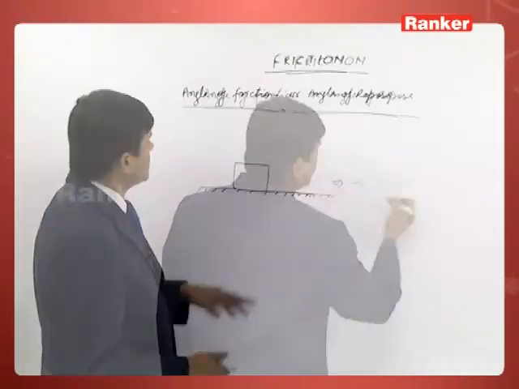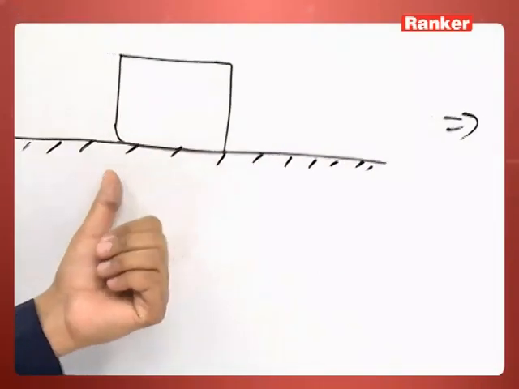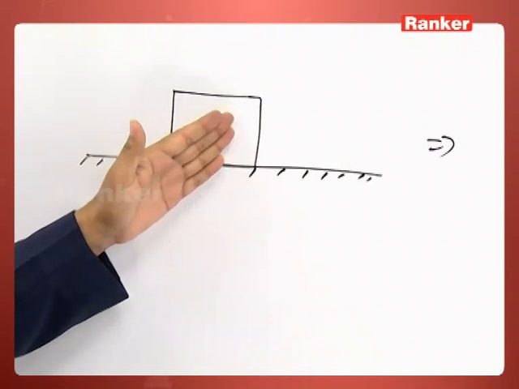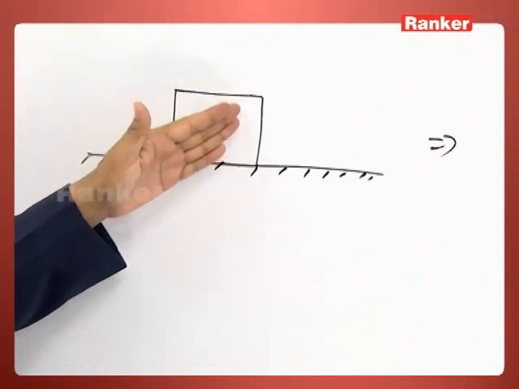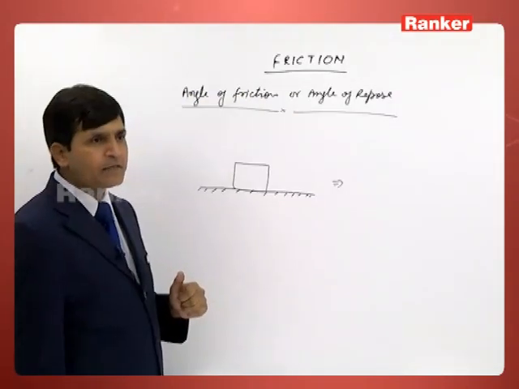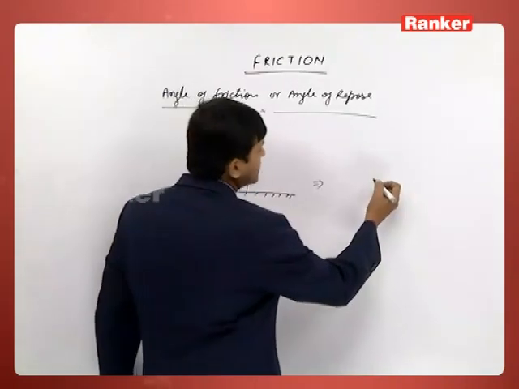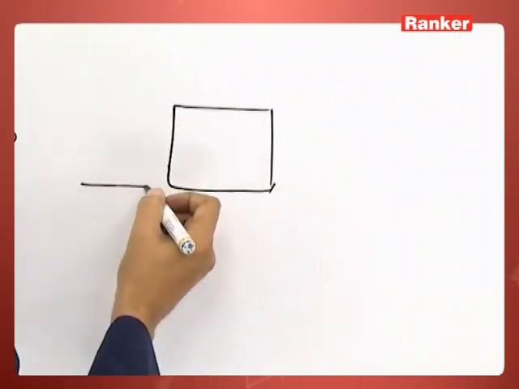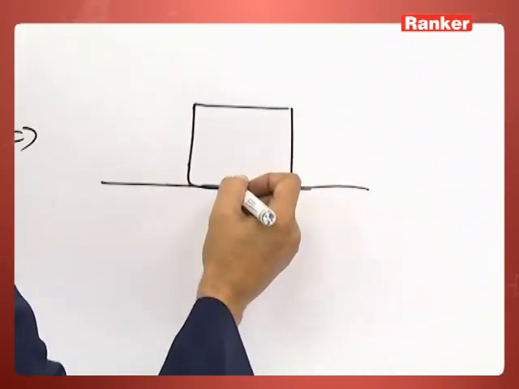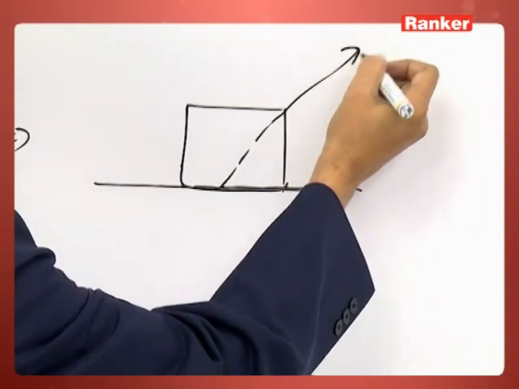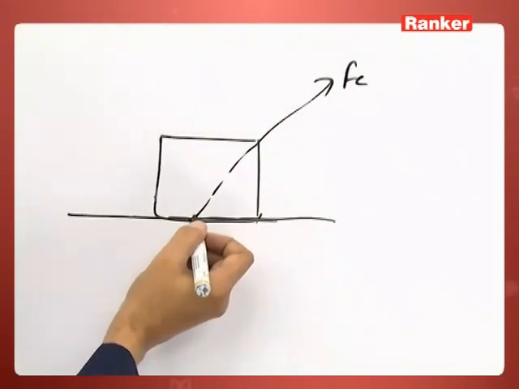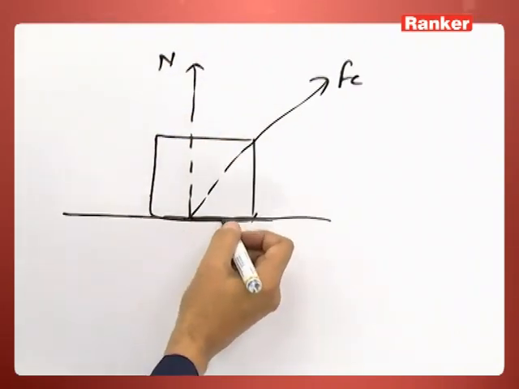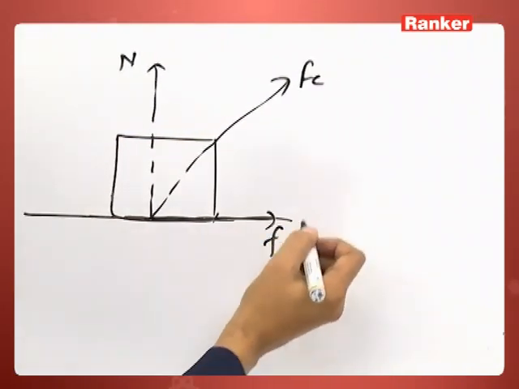So now if a body is kept on a horizontal surface, as we know, when the body comes in contact with the surface, there is a contact force. One part of the contact force is called the normal force, here in this direction, and the friction force is a component in this direction.